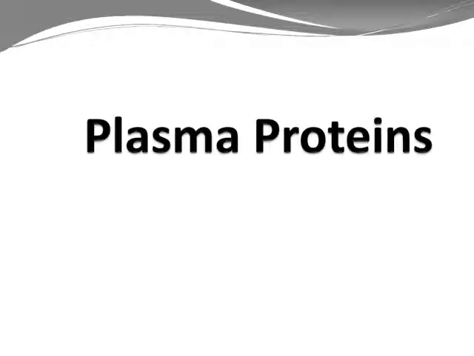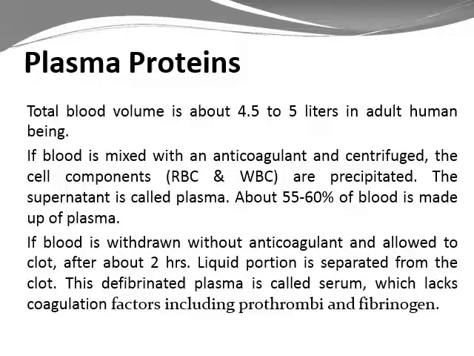plasma proteins. Now, to understand plasma proteins more, we first need to understand some features or characteristics of the blood. I think we all know that the total blood volume is around 4.5 to 5 liters in an adult.